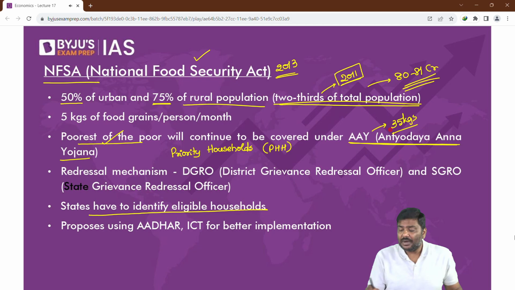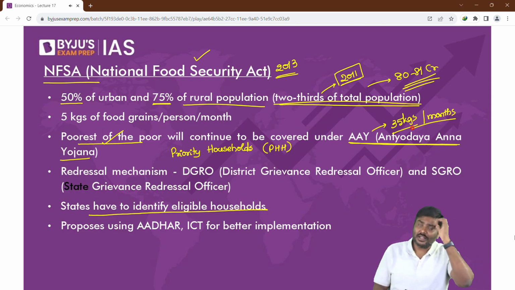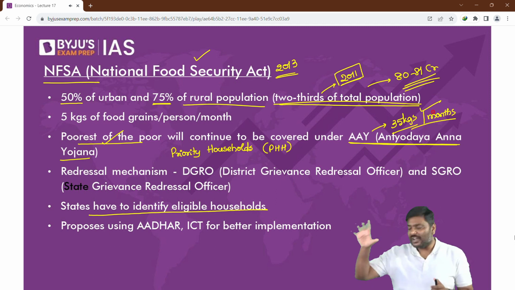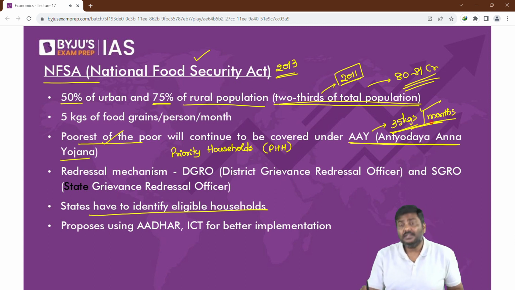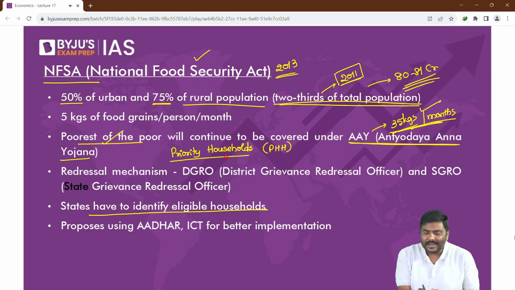If you are identified under Antyodaya Anna Yojana, 35 kgs per family, per month will be provided to you. If you have an Antyodaya card, generally we assume a family size of 5 people, so per family, 35 kgs of food grains are given per month.